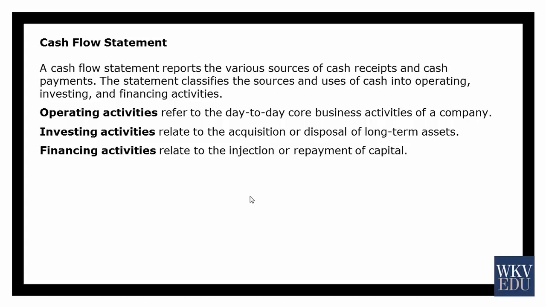So as a financial analyst, I would love to see that the major component of cash is coming from operating activities. However, business is not done in a vacuum, and therefore investing and financing activities also take place.